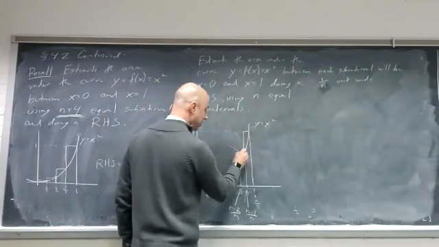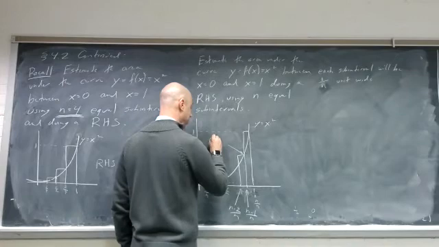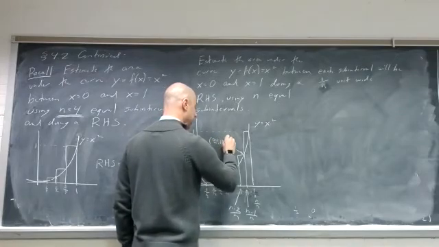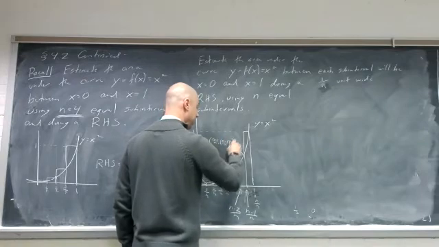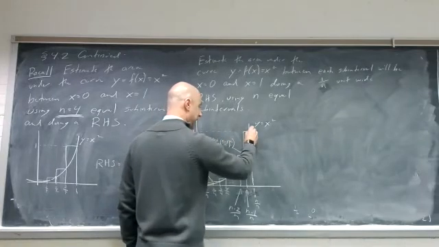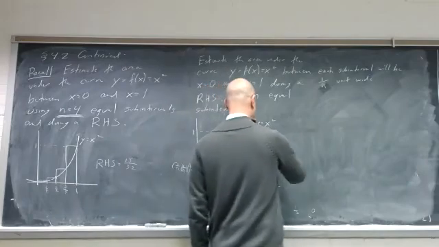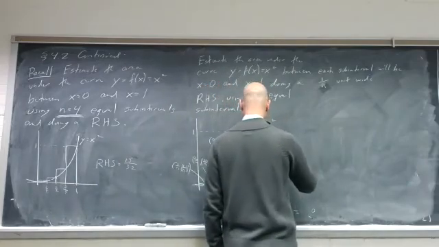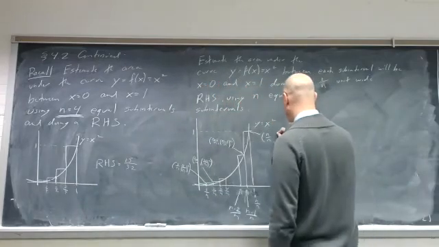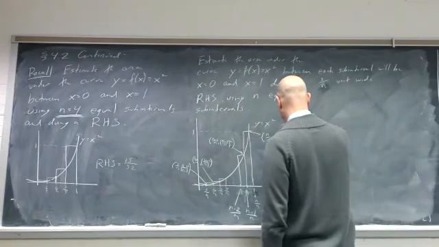The second last one is going to be, its x coordinate is n minus 1 over n. So its y coordinate is going to be n minus 1 over n squared. And this last one touches the curve at 1, in other words, n over n. And its y coordinate is going to be n over n all squared.